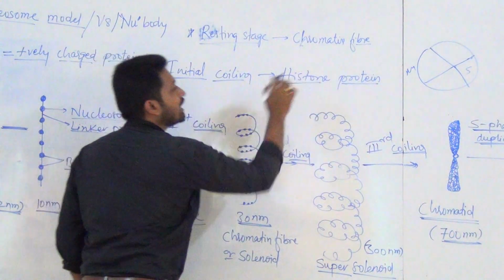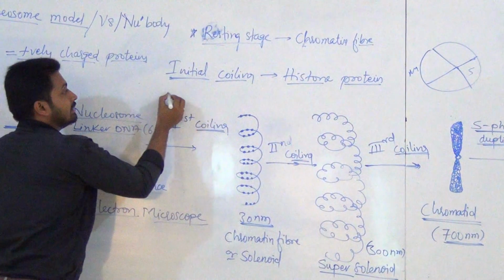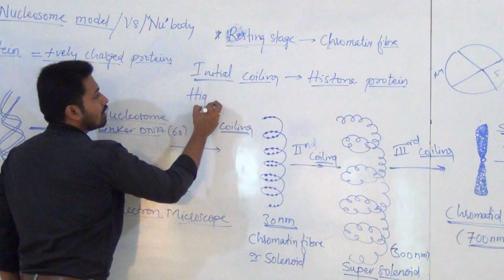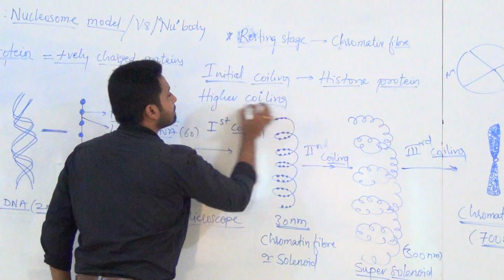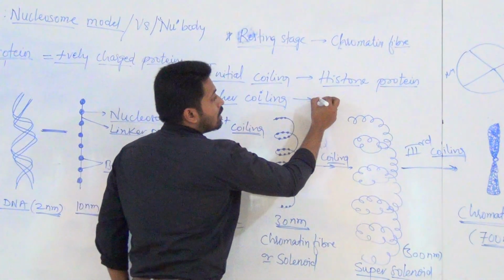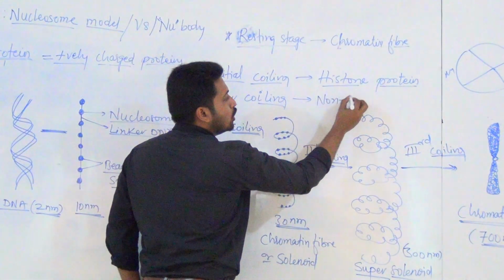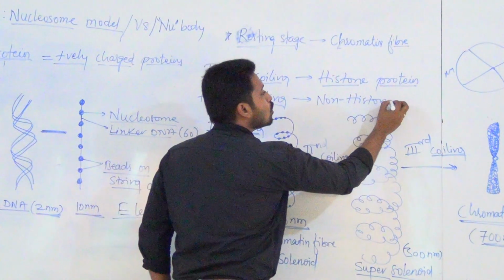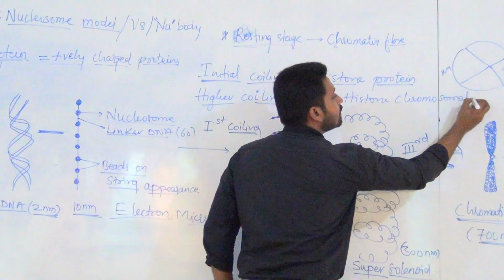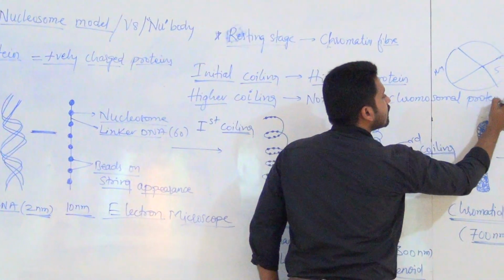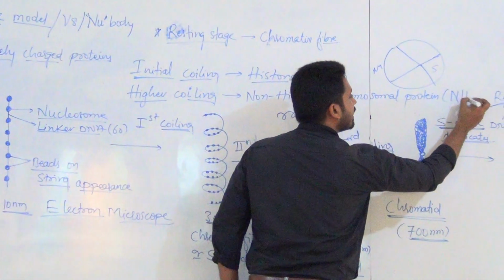Higher coiling is helped by non-histone chromosomal protein. You can in short write NHC.